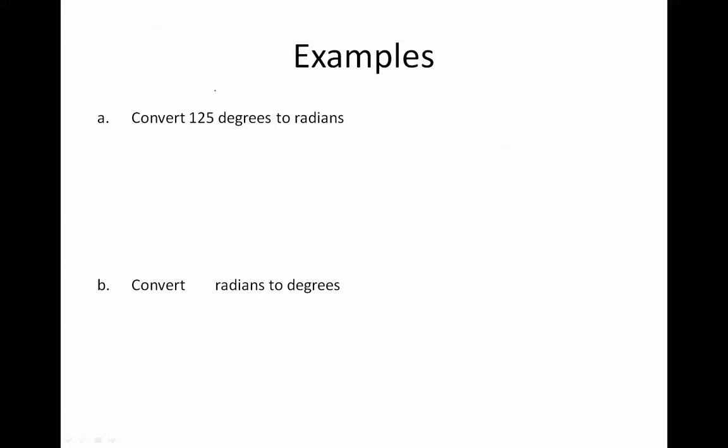Convert 125 degrees to radians. So I'm going to take 125 over 1, and we're going degrees to radians, which means we're multiplying by pi radians over 180.